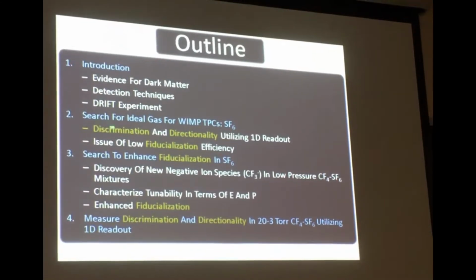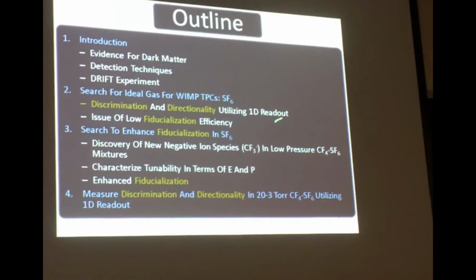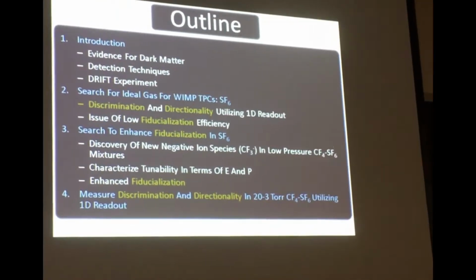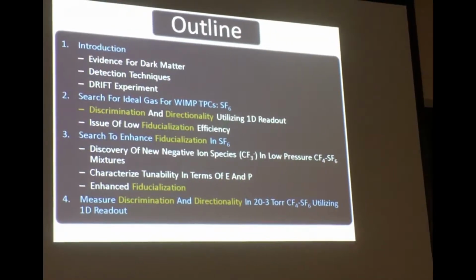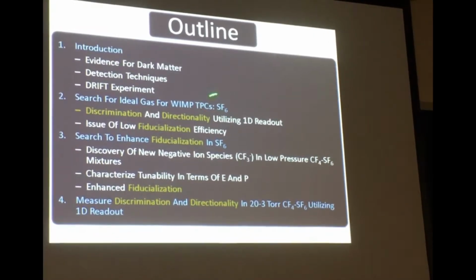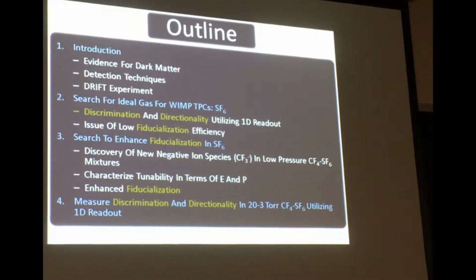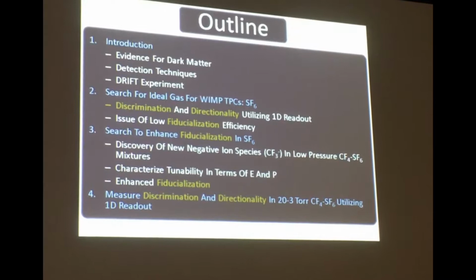And so I'll talk about the search for an ideal gas for a WIMP TPC, and how we focused on SF6, and I moved forward that work by measuring discrimination and directionality, utilizing a 1D readout in a low pressure SF6 TPC.